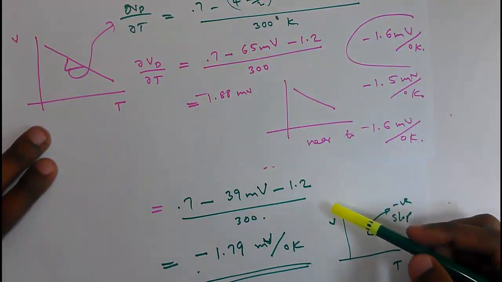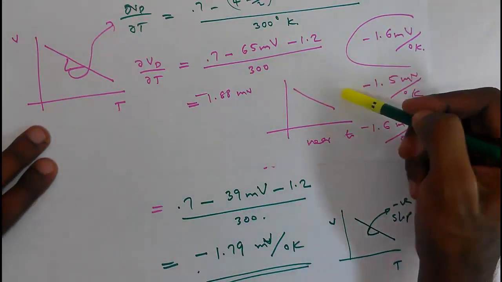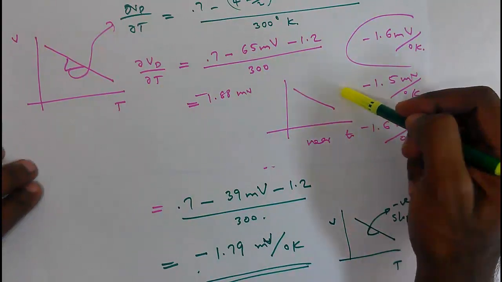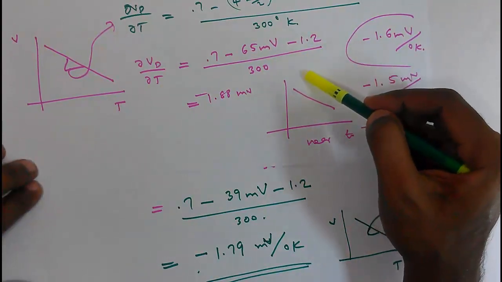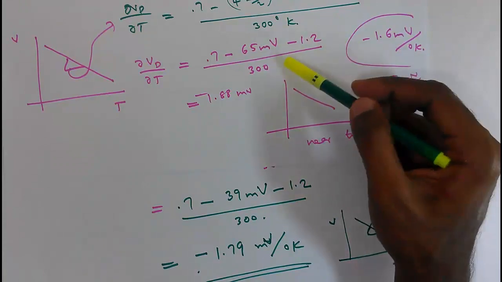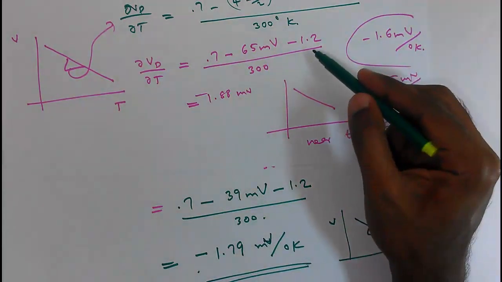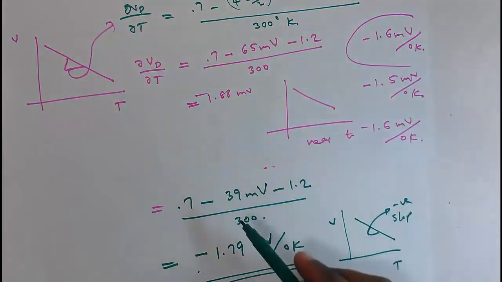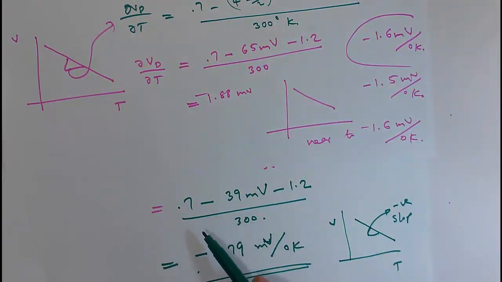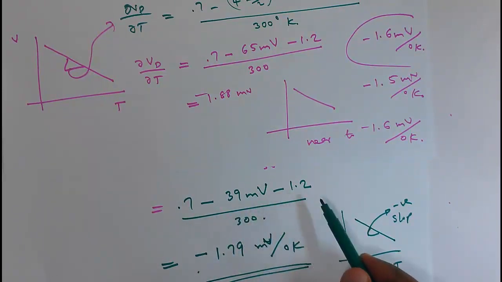Green is when we consider I0 as a PTAT, and the red expressions are when we considered I0 is a constant. So here 0.7 minus 65 millivolt minus 1.2 came, and here when we consider I0 is a PTAT, it is 0.7 minus 39 millivolt minus 1.2.